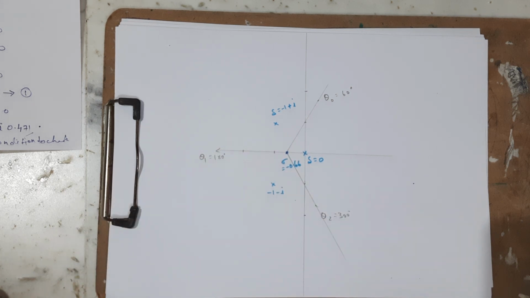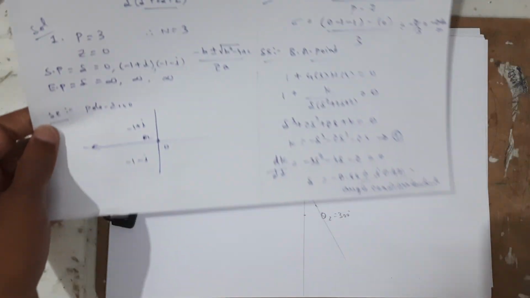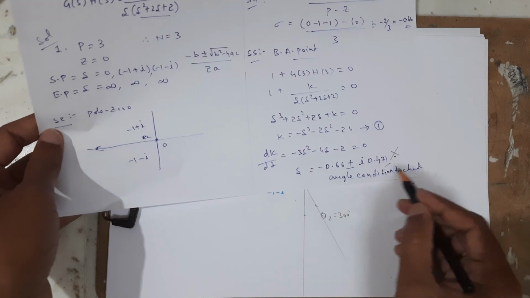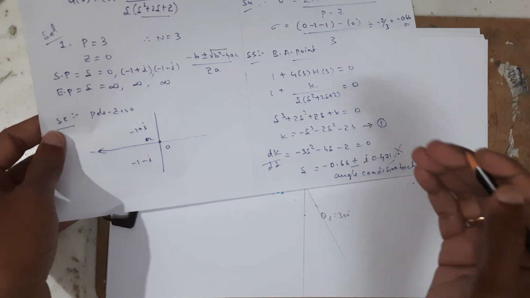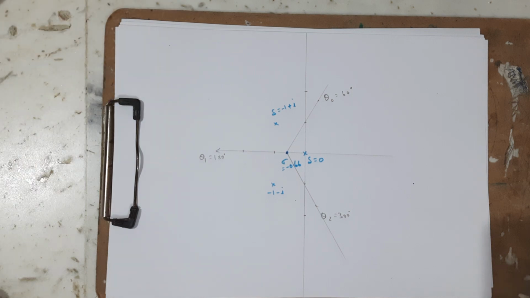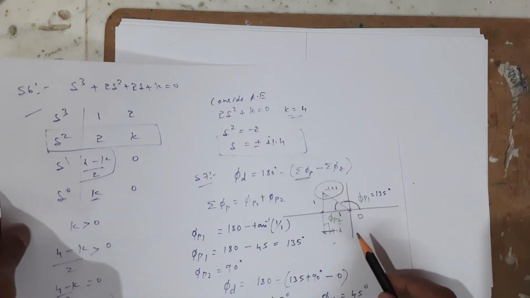So what else? Next we have to find out the breakaway points. So in this problem, do you have breakaway points? After checking the angle condition, we found out that there are no breakaway points at all. Next we need to find out the intersection of the root locus with the imaginary axis. It is intersecting at how much?